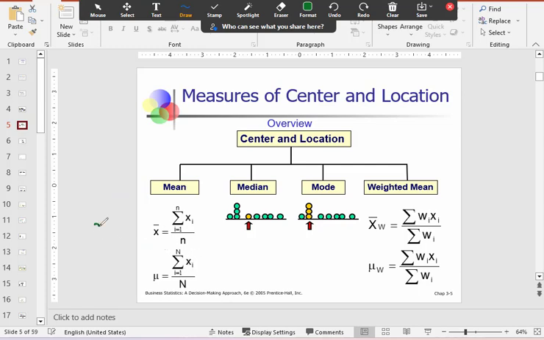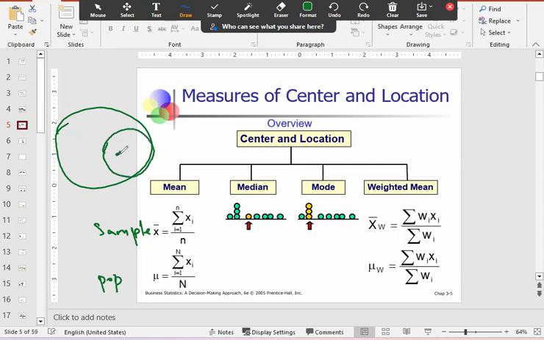First one is for sample, second one is for population. This difference we already studied in previous classes: if we have representative data from a bigger data set, then we call it sample data. Let's suppose we have this big data of all the transactions of the customer, but we are focusing on only the transactions happening in 2020 onwards.